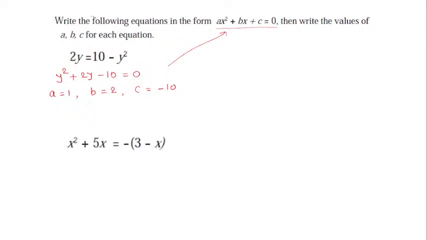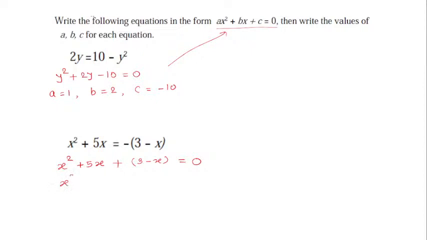Okay, we have another equation, x square plus 5x that is equal to minus 3 into x. Again we should have x square plus 5x on the left hand side. If we take minus 3 minus x to the left hand side, it will become plus 3 minus x, and that is equal to 0 because we have taken this to the left hand side.